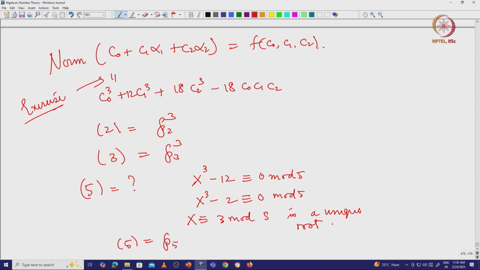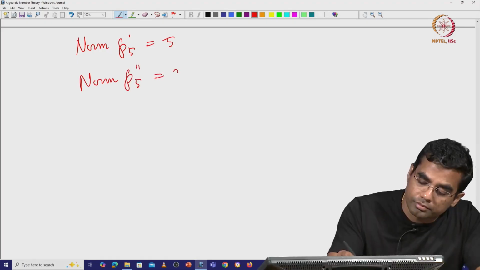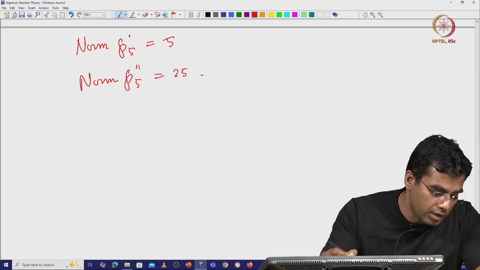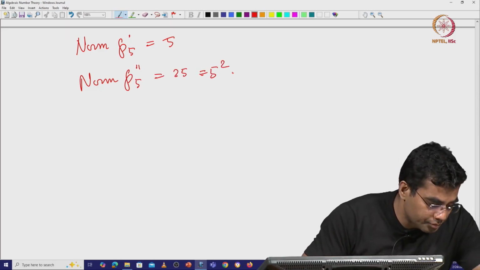So, this is P5 prime and P5 double prime. So, 5 is of course not ramified because it does not divide the discriminant, but it splits into 2 primes, and one of those primes has residue degree 1 and the other has residue degree 2. So, this norm turns out to be 25 or 5 squared, right, because the residue degree is 2.